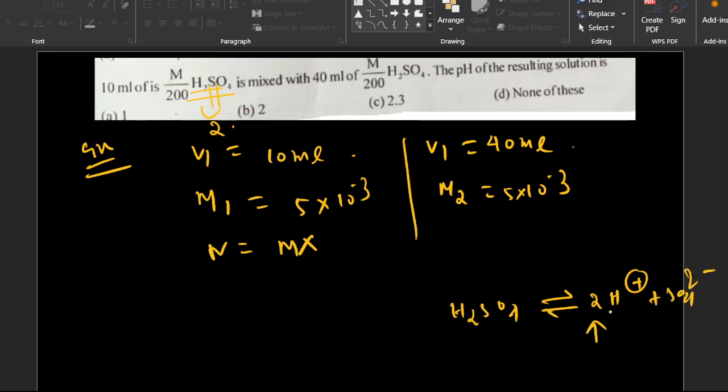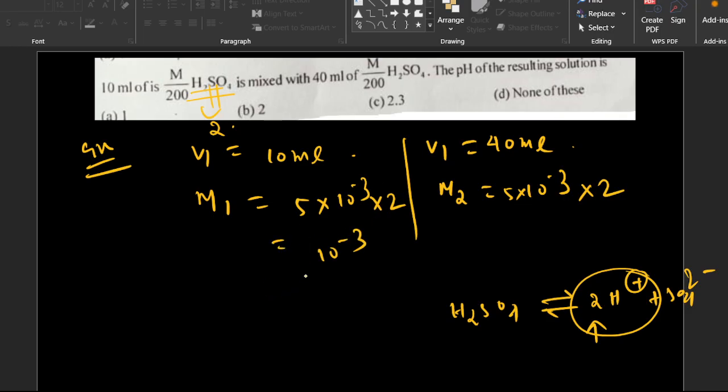So here the number of H plus is 2, so we have to multiply the molarity by 2.